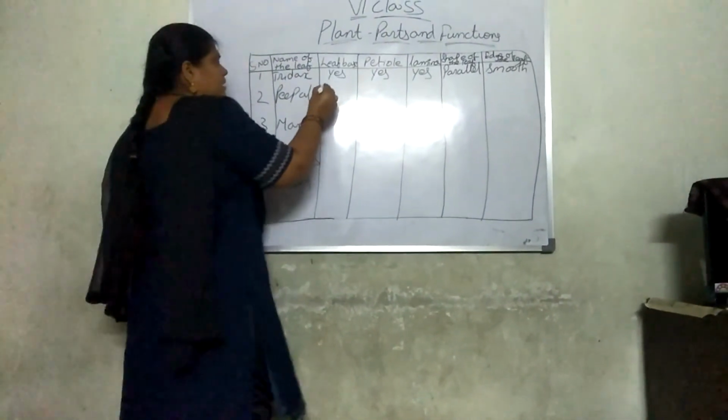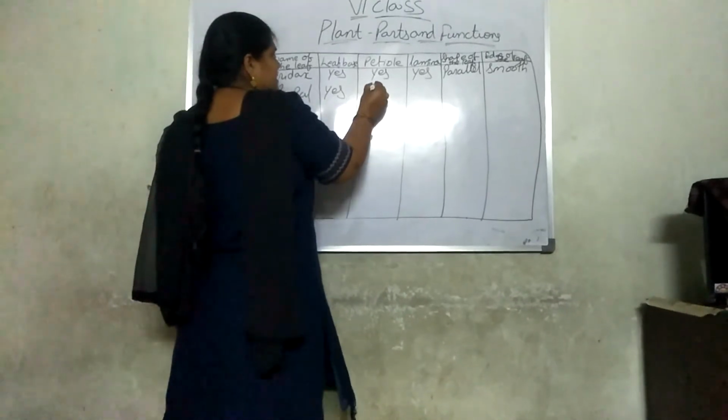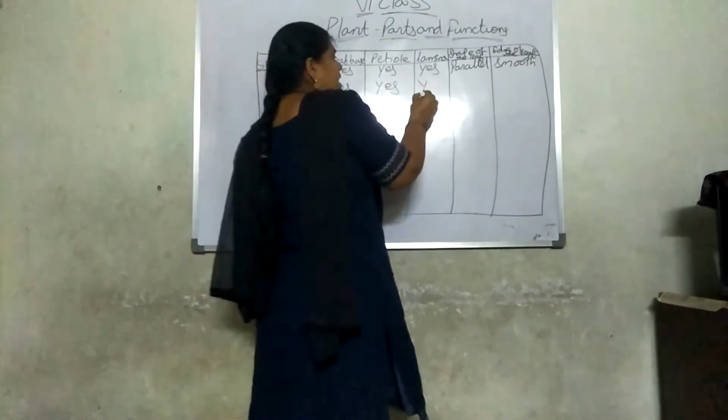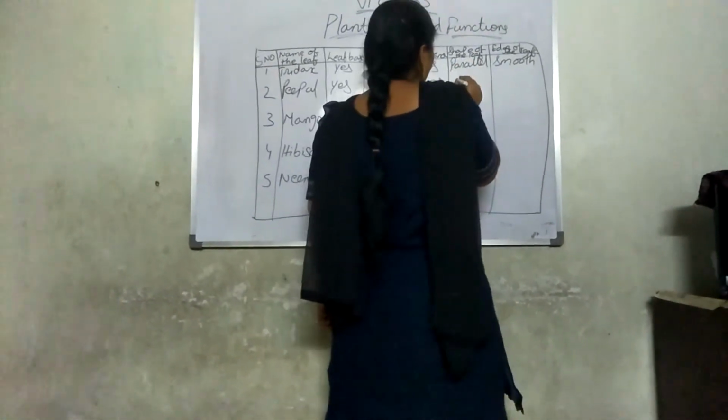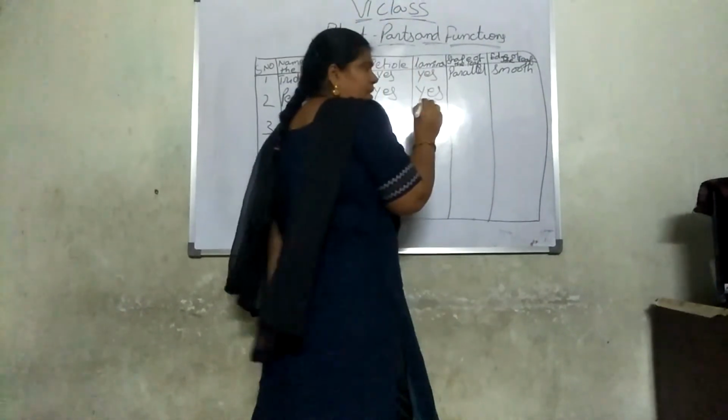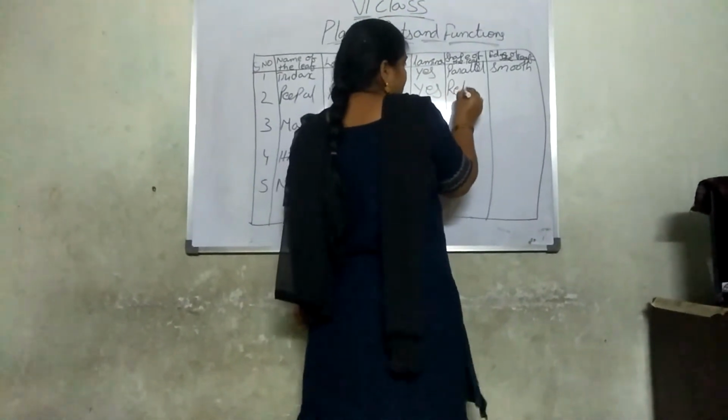Next one, peepal. Does it have leaf base? Yes. Petioles? Yes. Lamina? Yes. The shape of the leaf of peepal is reticulate venation.